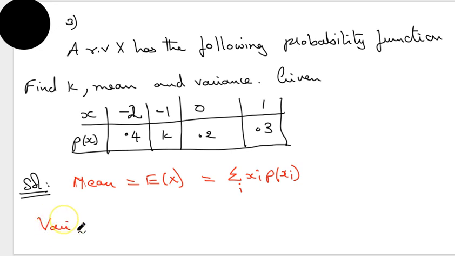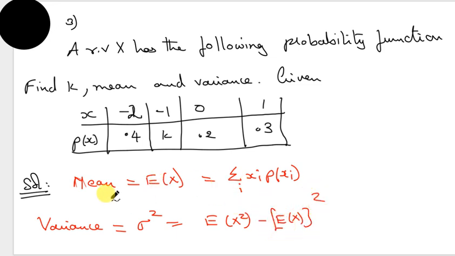Similarly, variance is, in other words, the square of the standard deviation, or it is E of x squared minus E of x the whole squared. E of x you already have from the previous step, that is the mean. So you only need to know what E of x squared is.